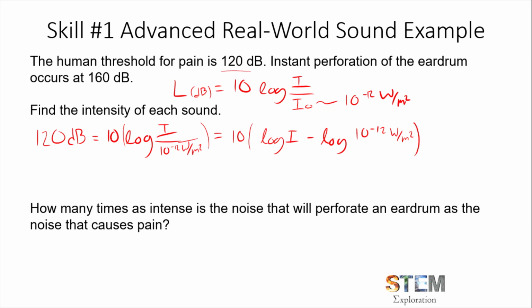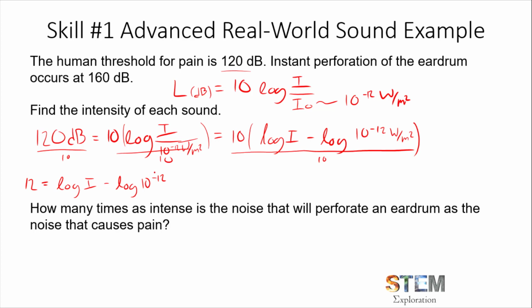To solve this, rather than distributing the 10 back across, we can just divide both sides by 10. Then we get 12 is equal to the log of I minus log of 10 to the negative 12.